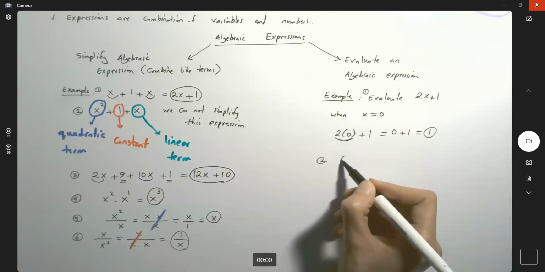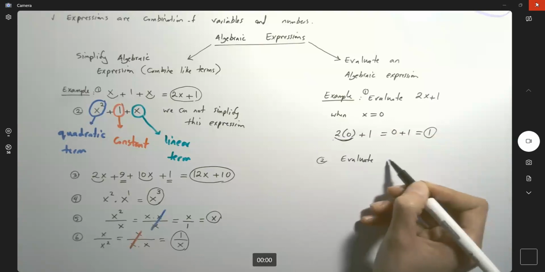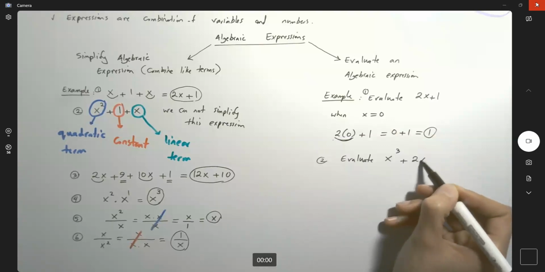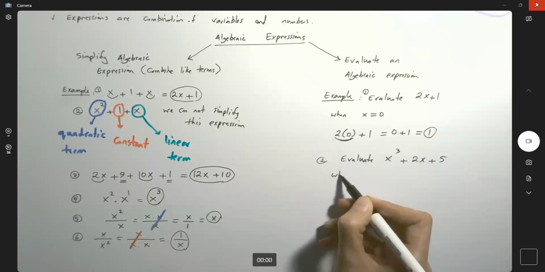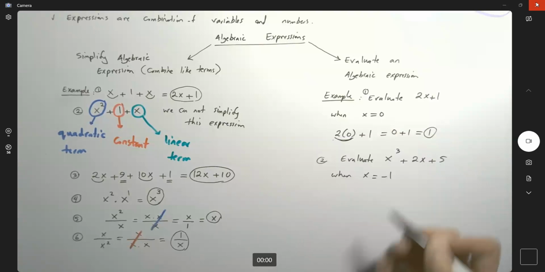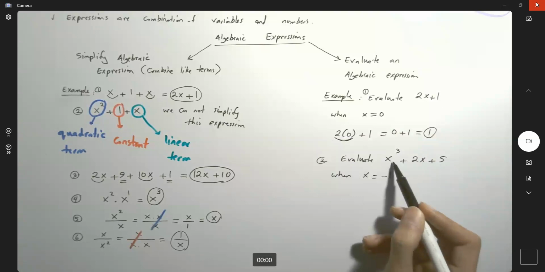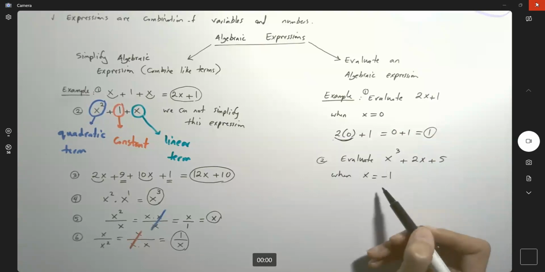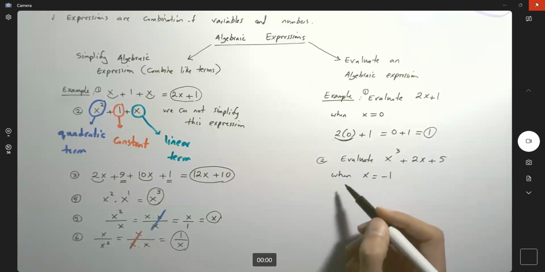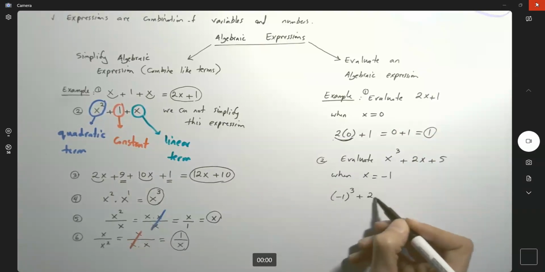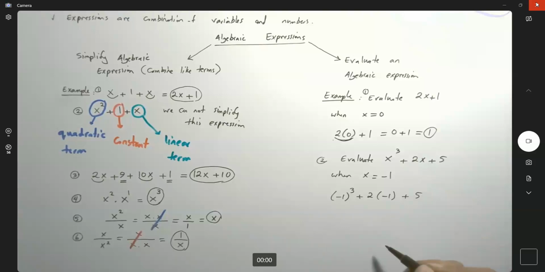Suppose I ask you to evaluate x cubed plus 2x plus 5 when x is equal to -1. So in this scenario, when we are asked to evaluate, it means that you're going to just do the substitution. Simple substitution, then apply algebra. -1 raised to the third plus 2 times -1 plus 5. I have -1 raised to the third. What's the meaning of that?